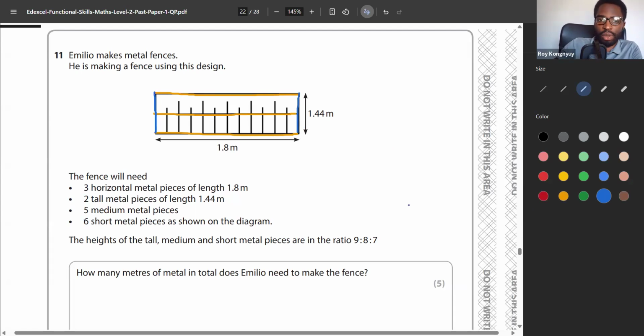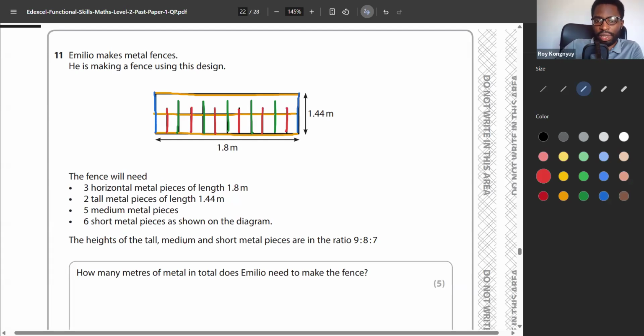All right. We have 5 medium. So these are the medium ones: 1, 2, 3, 4, 5. Right, and finally we have 6 short metal pieces. 1, 2, 3, 4, 5, 6. There we go. Hopefully that highlights everything as you can see.